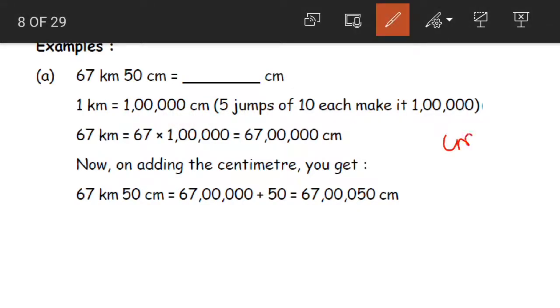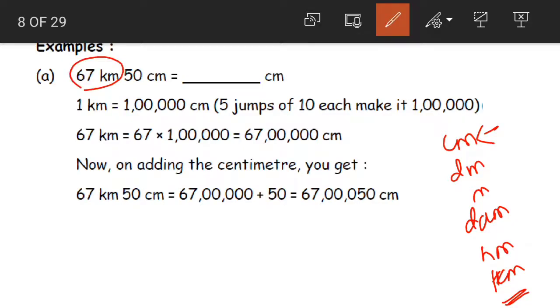As we know, here we have centimeters, decimeters, meters, then we have decameters, then hectometers and then kilometers. Kilometers are somewhere down here and centimeters are here. We are converting kilometers, a higher unit of measurement, into centimeters, a lower unit of measurement.